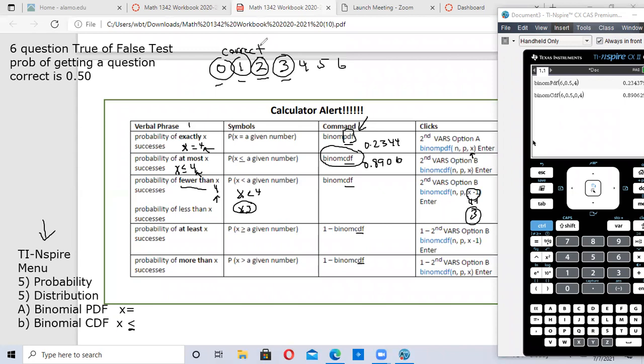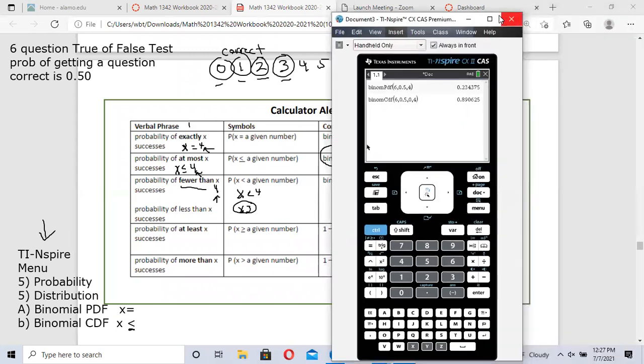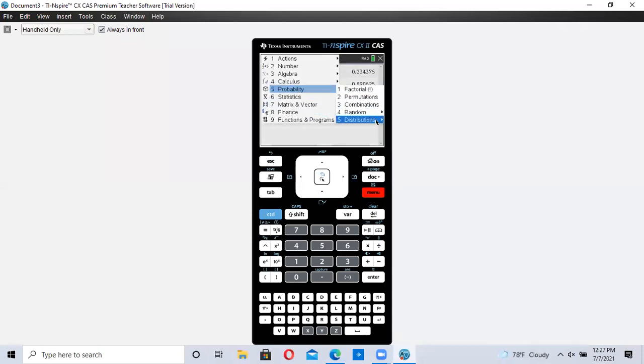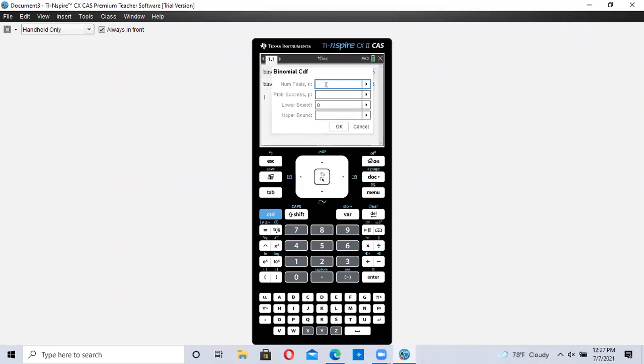So on our calculator, for fewer than 4, we're going to go to Menu, 5 Probability, 5 Distribution, B, CDF, number of trials. There are 6 questions. The probability of getting a question correct is 0.5.